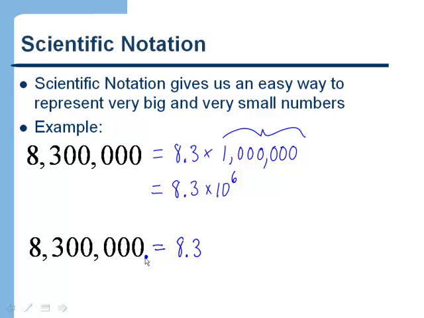So what we do is we simply count over how many places we move the decimal. So 1, 2, 3, 4, 5, 6. And you'll notice that quickly tells us that it's 10 to the 6th power, because each time we move the decimal, that's just another power of 10.